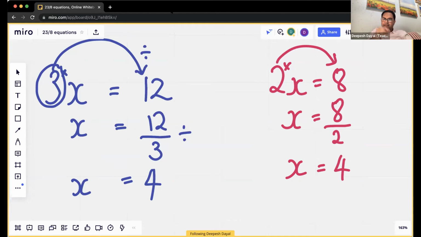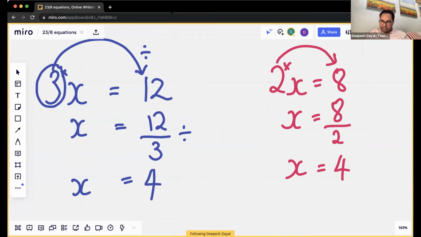Okay, so it's 2 times x equals 8. So when we take the times over, it becomes divide. When we take the 2 over, it was times on the left, so it's going to become divide. That's why it's 8 divided by 2, right? And then it becomes 4.